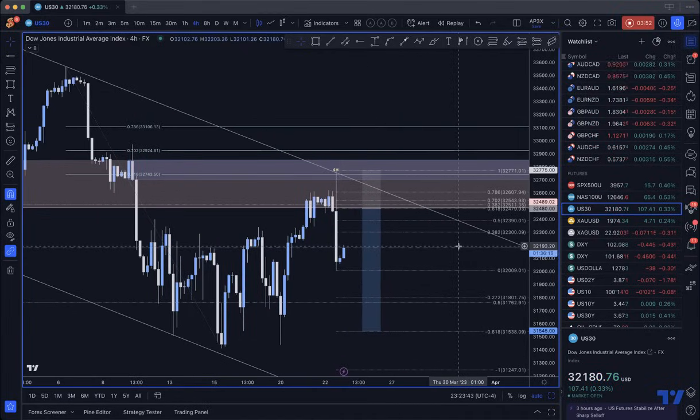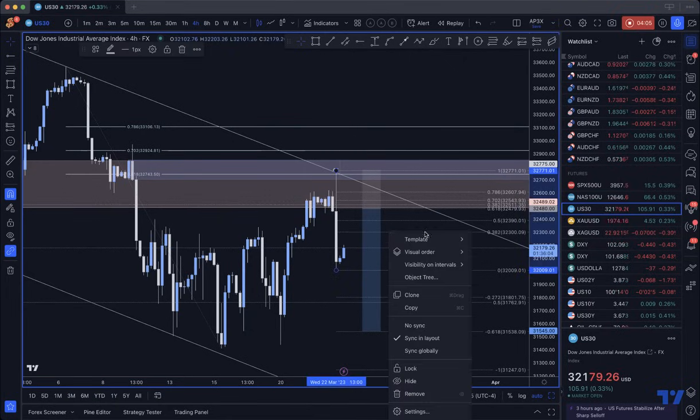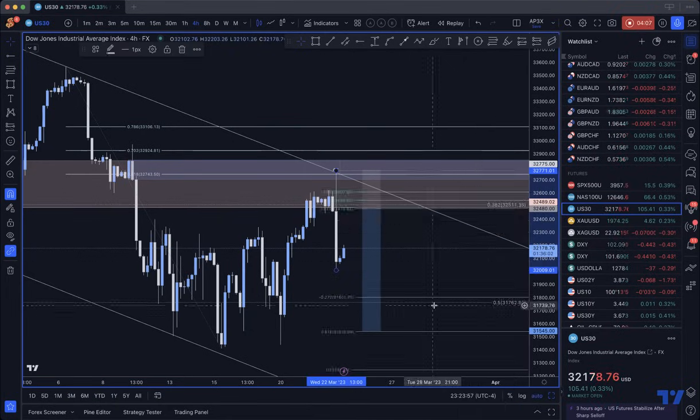What's standing out now? Simple as, what I'm seeing here is an easy trade: selling around this area. So again, we're going to draw fibs from here to here.